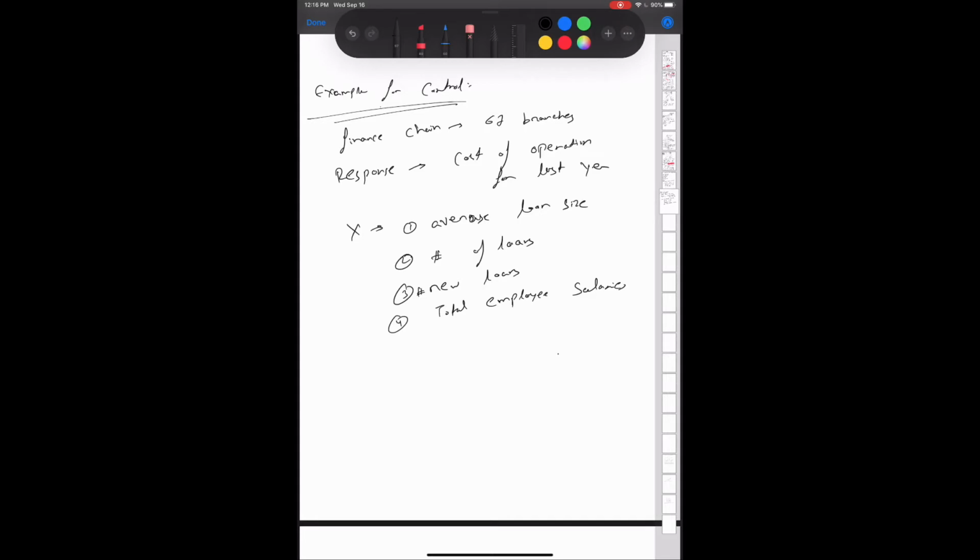And what we want to understand is the relationship between x and y here.